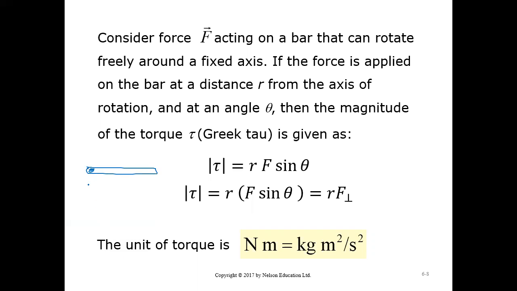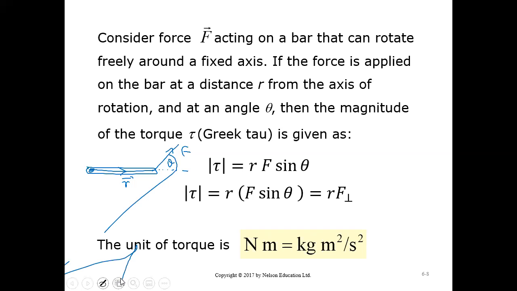Say it is free to rotate about this point, and you apply a force F, and this is the distance r. Let me take as a vector a line drawn from the rotation axis to where the force is applied, that is r, and the angle between r and F is theta.